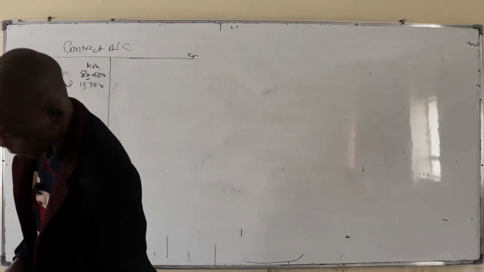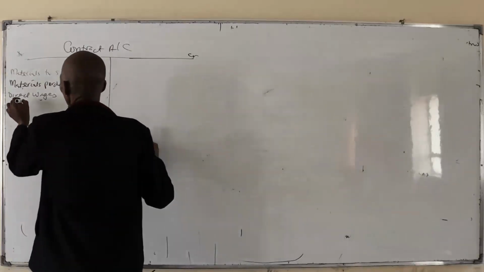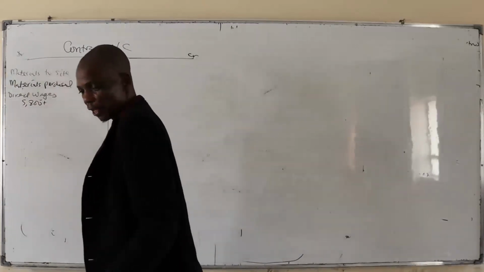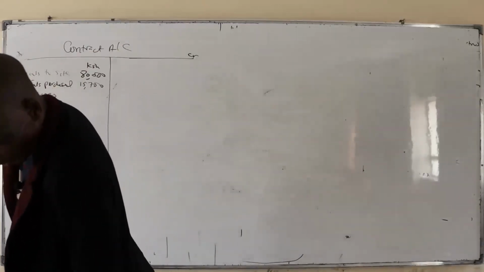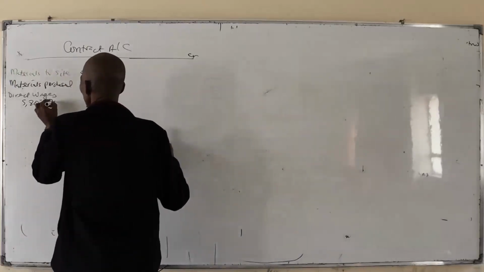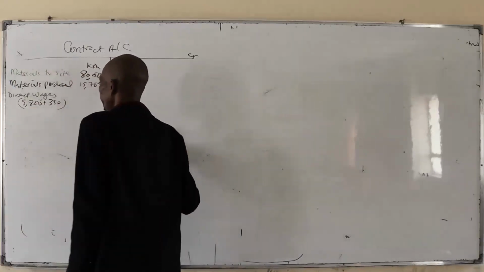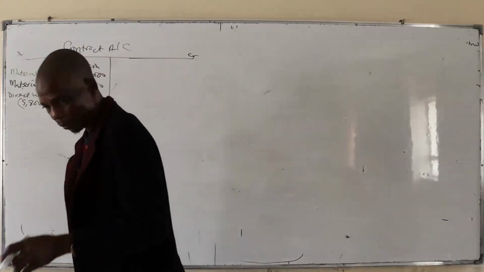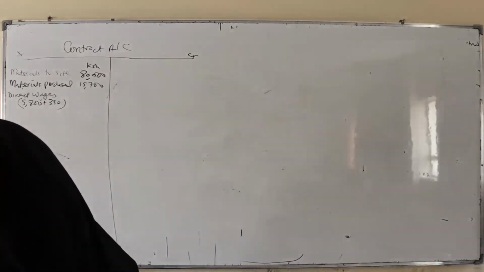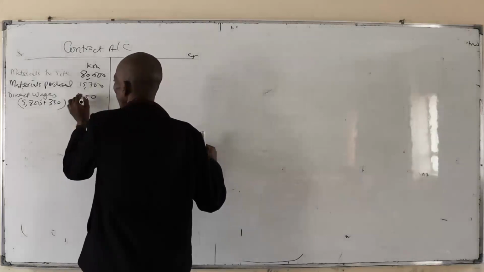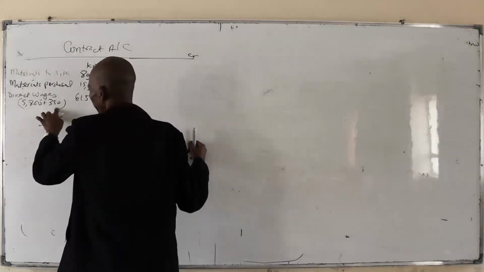The wages paid for that year are 5,800, and the accrued is 350. So we add the two, 5,800 plus 350, and we get 6,150. That is the wages paid and accrued.